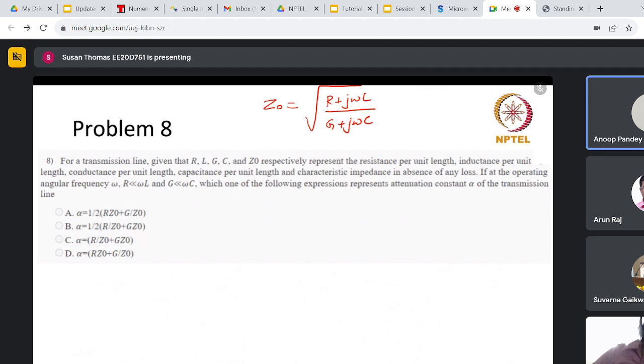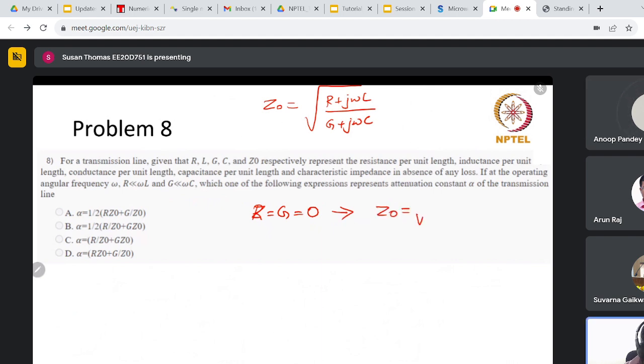I think I'm not understanding your question. Let me know if I am right with respect to your question. So you are saying that in case of lossless line, R and G are 0.